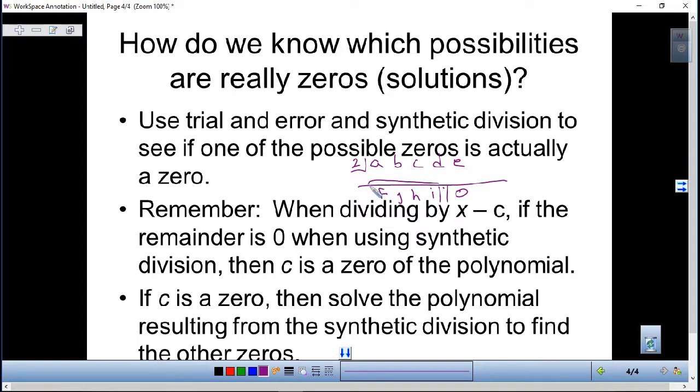Use this polynomial right here to work from there. You've already got the 2 and divided it out. It's a factor. You've pulled it out. Don't go back and use this big, ugly polynomial to look for the other ones. Use the simpler one. It makes things a lot easier and a lot quicker.